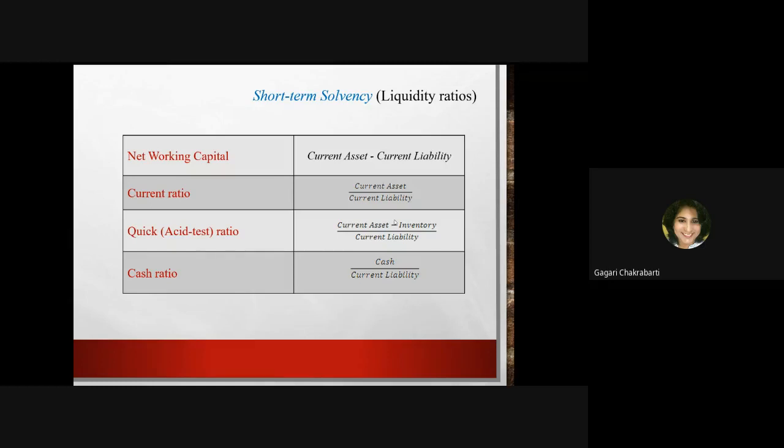So in that case, you should go for a quick ratio, and that is why the name suggests it is an asset test ratio. It is called an acid test ratio. So it is a more liquid form of liquidity ratio. And if you consider the quick ratios, then you can actually compare firms of different types.